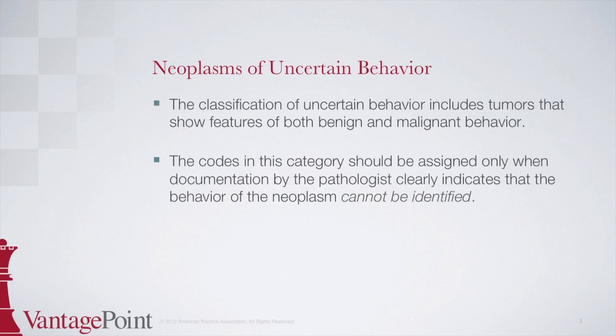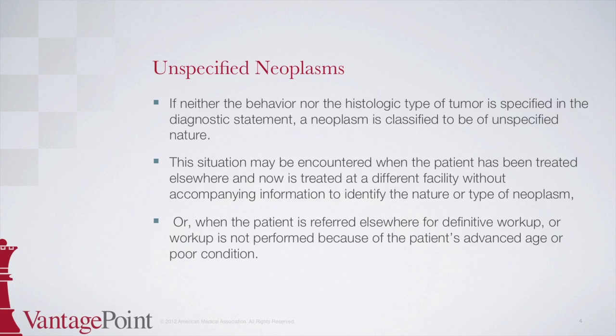You're only going to use a code for neoplasm of uncertain behavior from the neoplasm table when the tumor is showing both benign and malignant behavior. These codes can only be used when documentation clearly indicates that the behavior of the neoplasm cannot be identified. If instead documentation does not indicate the behavior of the neoplasm, you're going to use a code for an unspecified neoplasm.